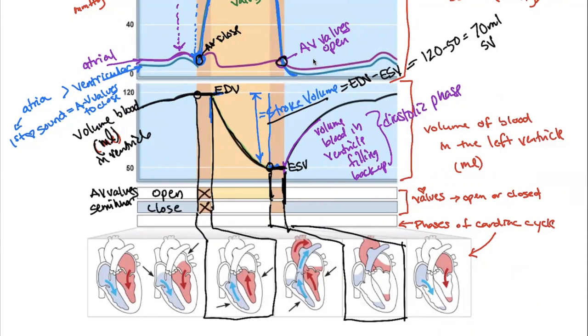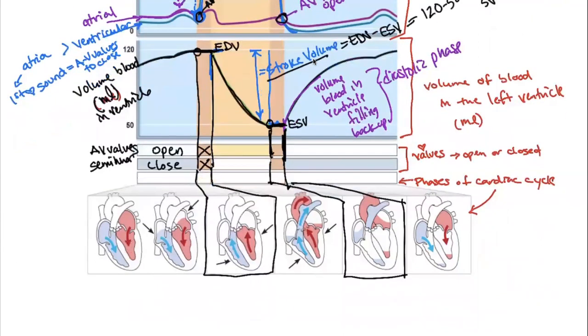And so this period right here is called the iso, meaning the same, volumetric contraction, because the heart is contracting, but no blood is leaving because the AV valves are closed and the semilunar valves are closed. But the heart is still contracting, and that's what those arrows mean.